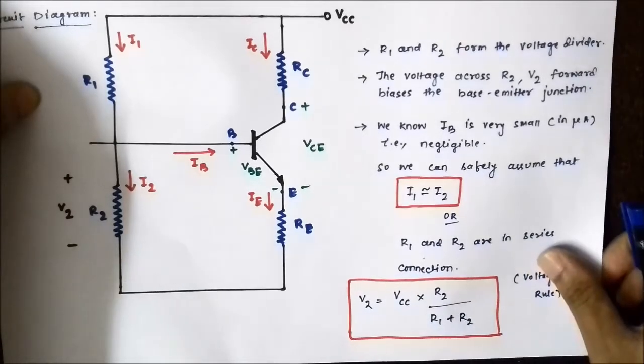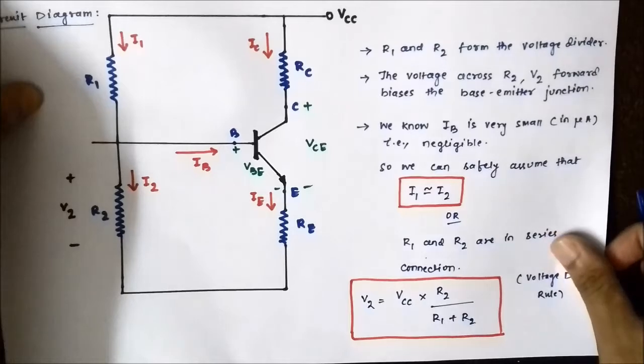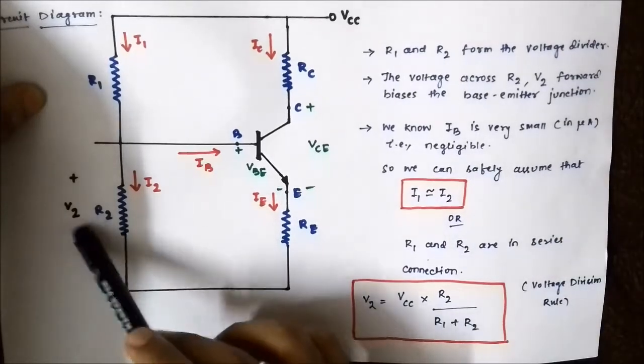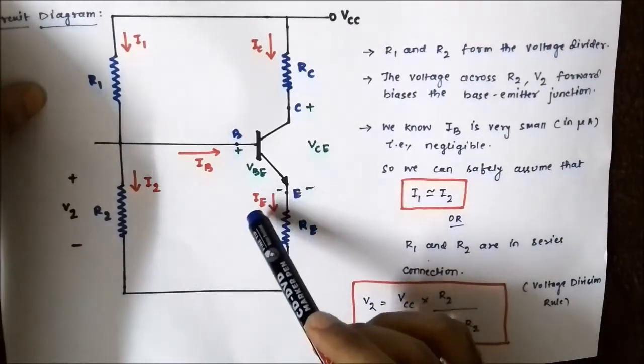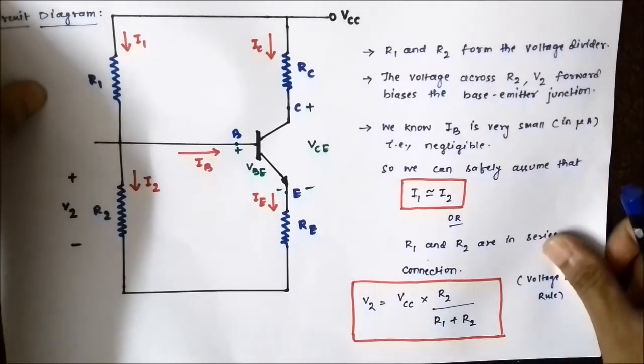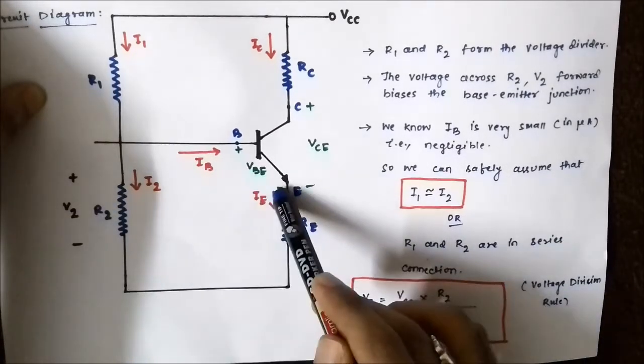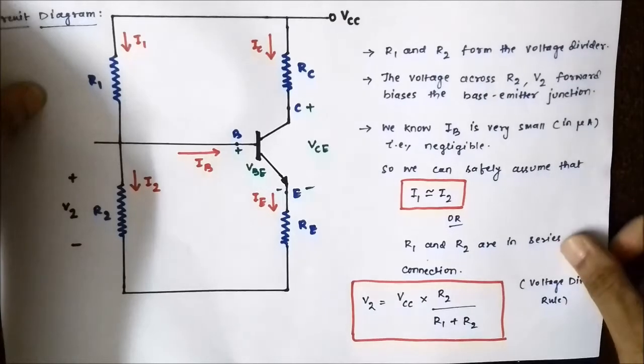So here we can apply the KVL as V2 minus VBE minus IE RE is equal to 0.